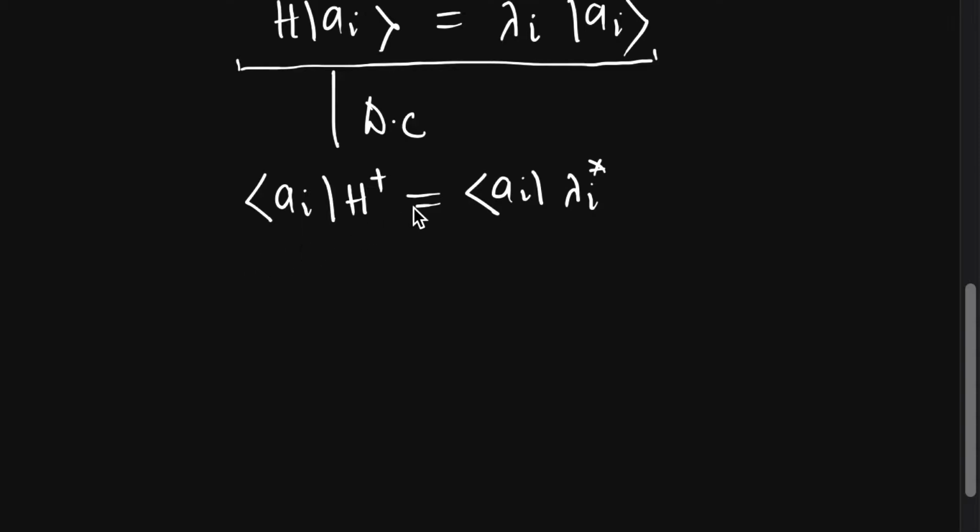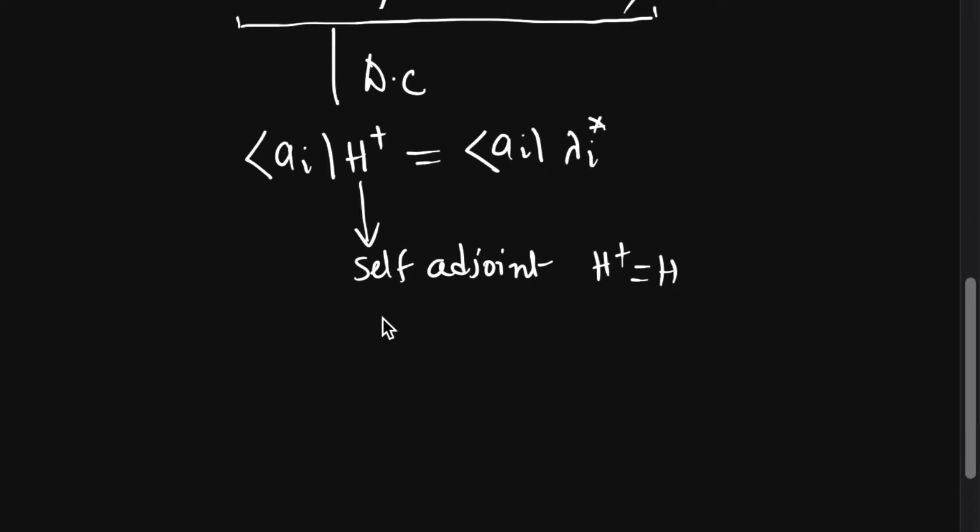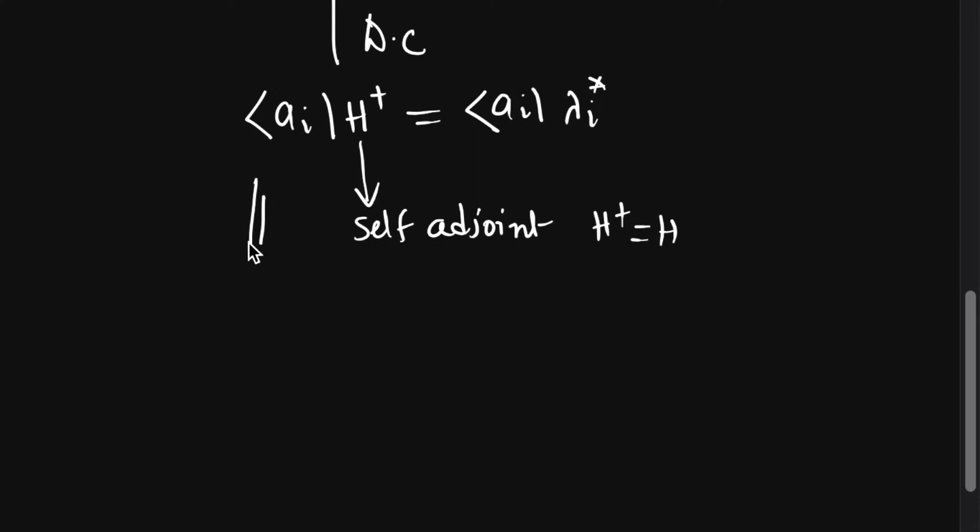Now since H is a Hermitian operator, it is self-adjoint, which means H dagger equal to H. That means this relation can be simplified to <ai|H equal to <ai| lambda star.